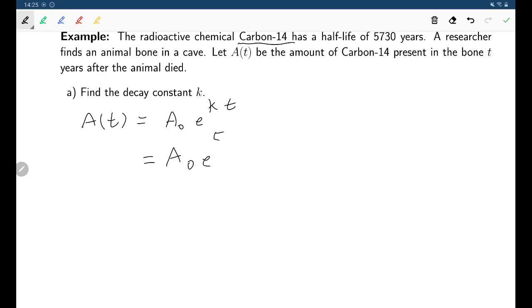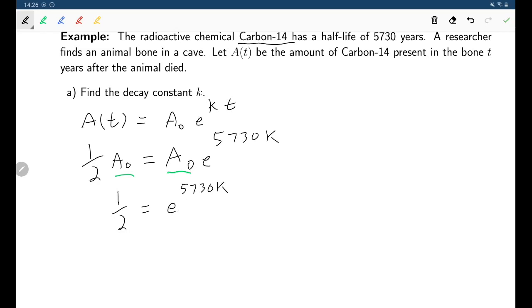So when time is 5,730, we should have half of the initial amount. The fact that I don't know what the initial amount is is not a problem, because I'll divide by whatever that initial amount is, and I'll have an equation just in terms of k.